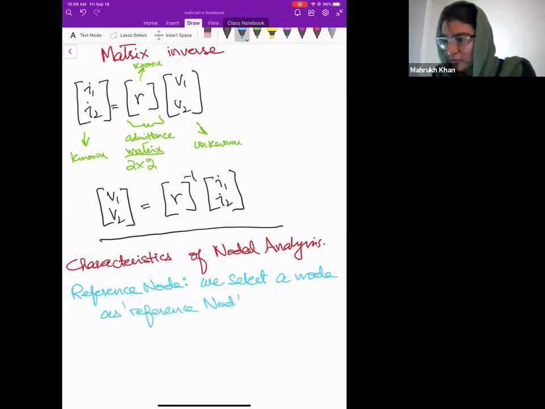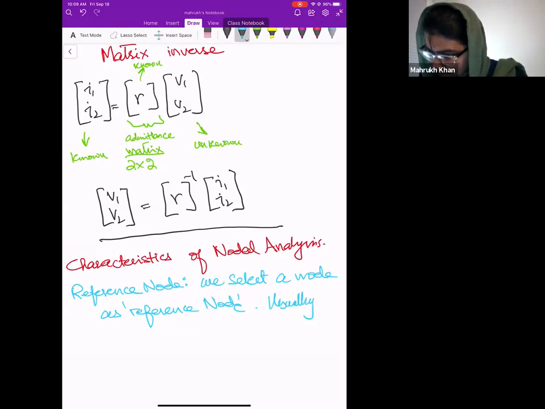So what is the reference node? As its name suggests, all nodes or all things that we talk about are based on that reference. But normally, all branches connect to that reference node.